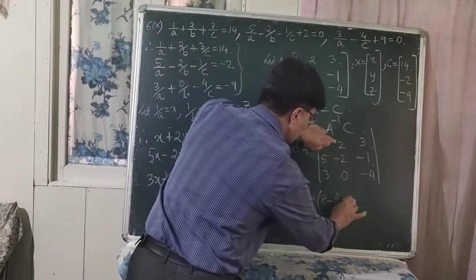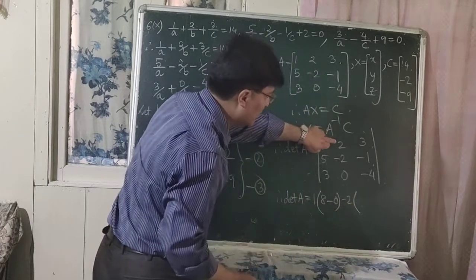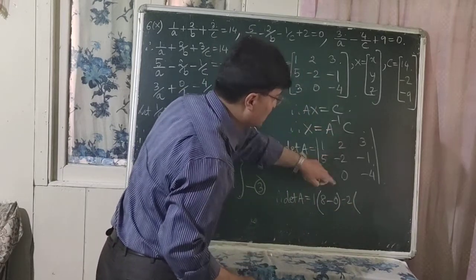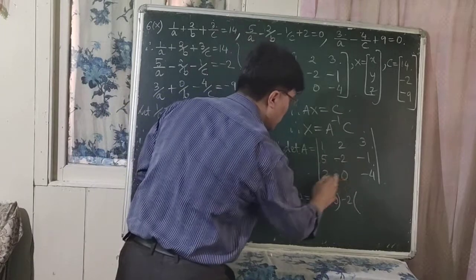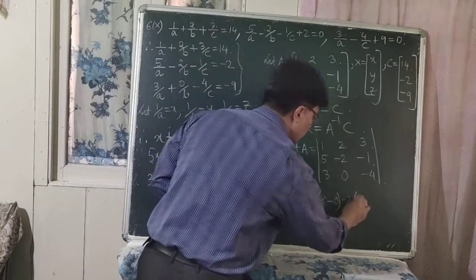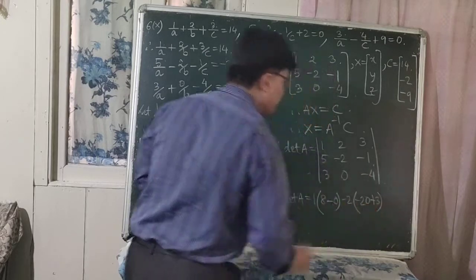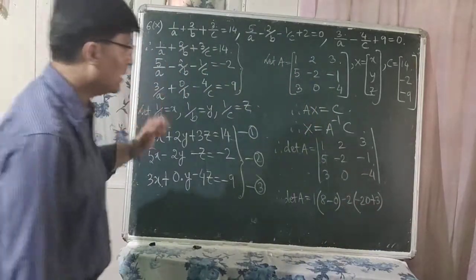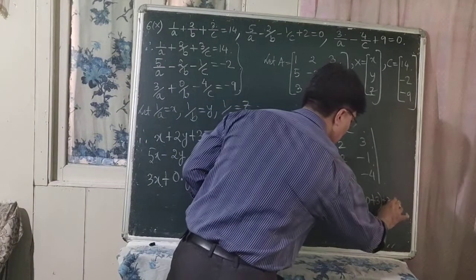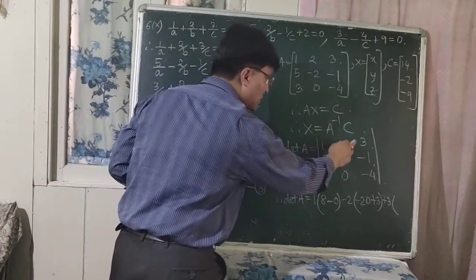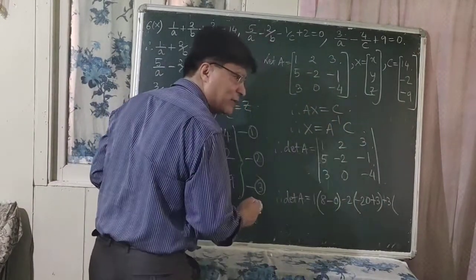Then comes minus 2. Within the bracket, delete the row and the column of the element 2. First row and second column are deleted. 5, minus 1, 3, minus 4. 5 into minus 4 is minus 20, minus minus 3. Is that clear? Next, plus 3. Within the bracket, you take this 3 and delete its row and column.